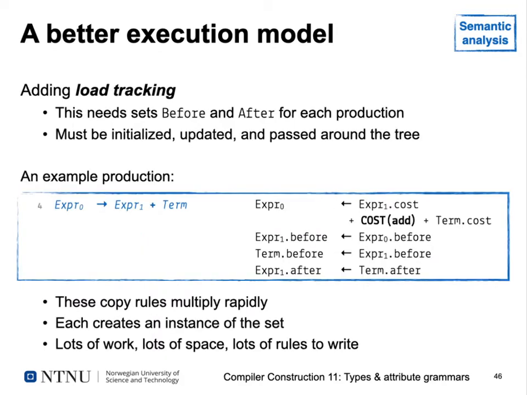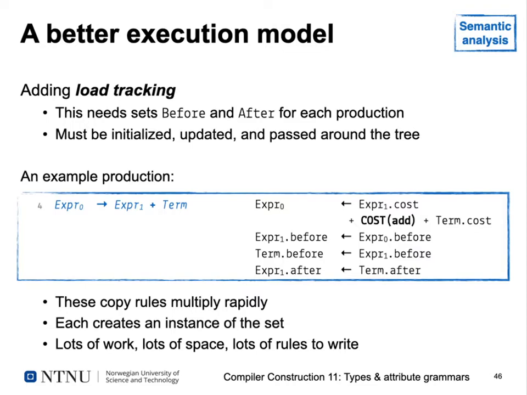So adding this load tracking now requires us to set before and after for each production, and this must be initialized, this must be updated, and it must be passed around the tree. So essentially for each of the expressions now we have to add this before set for expression here and for term, and then we have to finally determine the after set here for the expression.